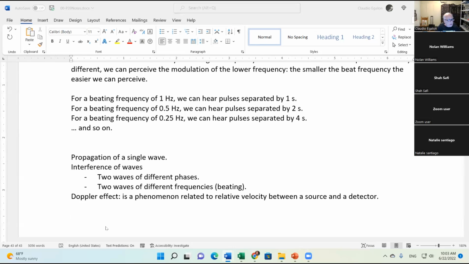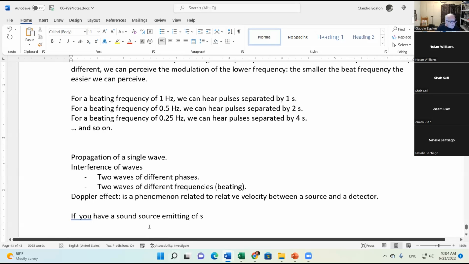So if you have a source of sound, it doesn't have to be a sound source, okay?